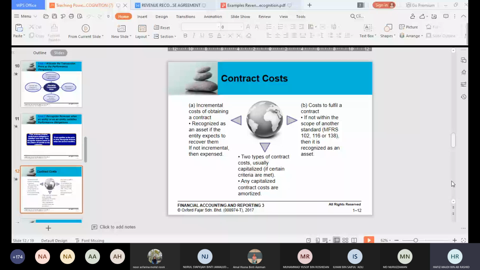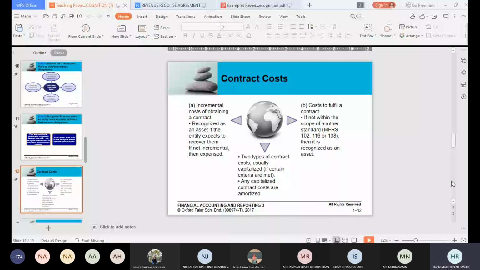The criteria for capitalizing is, first, it must be directly related to the contracts, and the second is the issue of recoverability. If these criteria are fulfilled, then you can capitalize. If not, then those costs need to be expensed off in your profit and loss account.